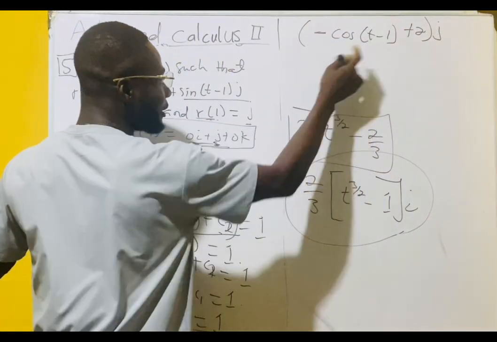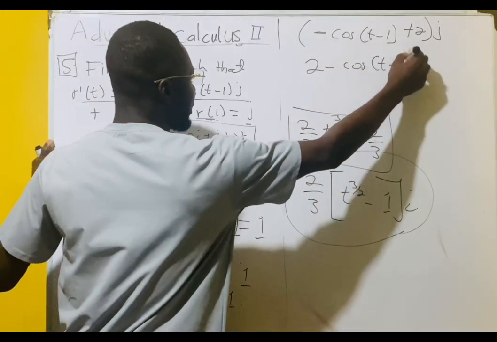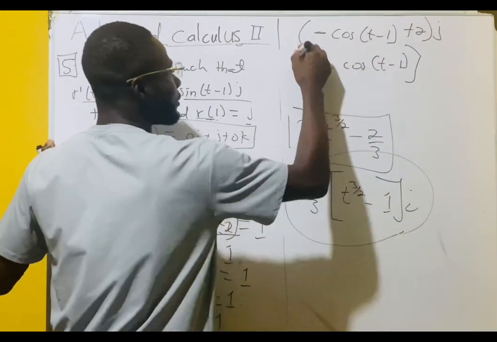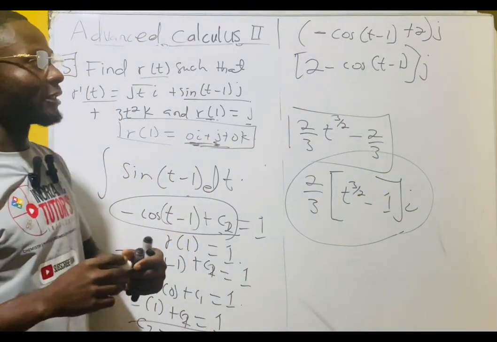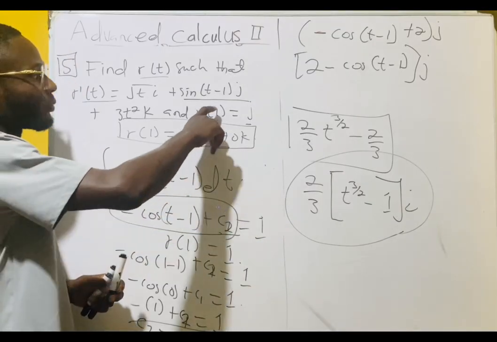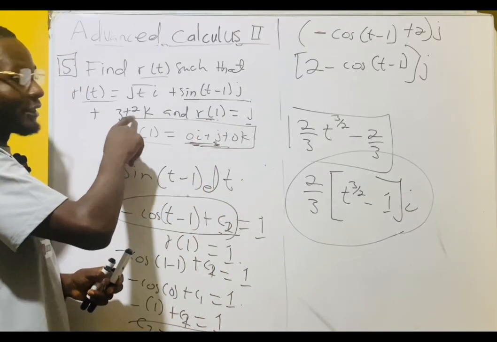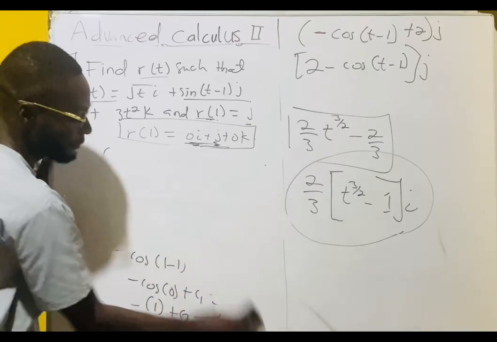But we can rewrite this as 2 minus cos of t minus 1 for j. So this is the second component that we integrated, right? So the last component, which is 3t squared, I'm going to do the same work.